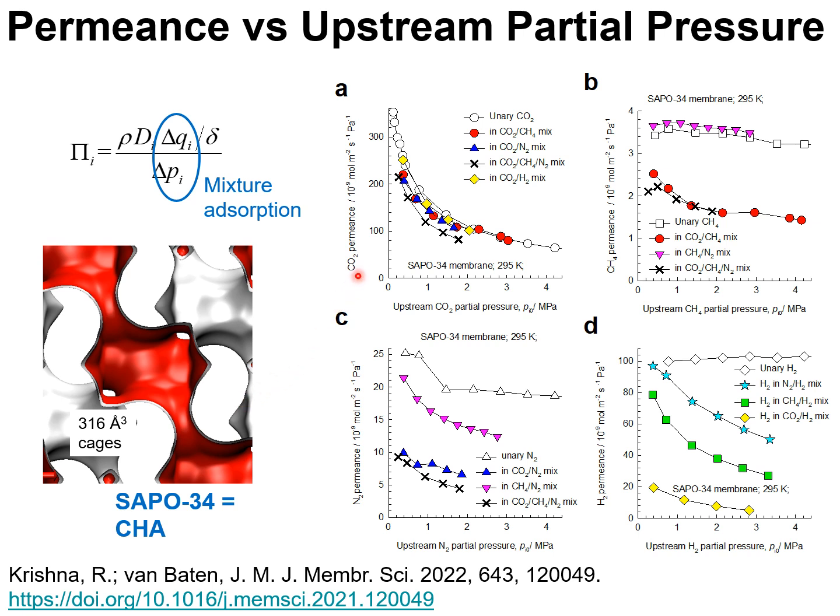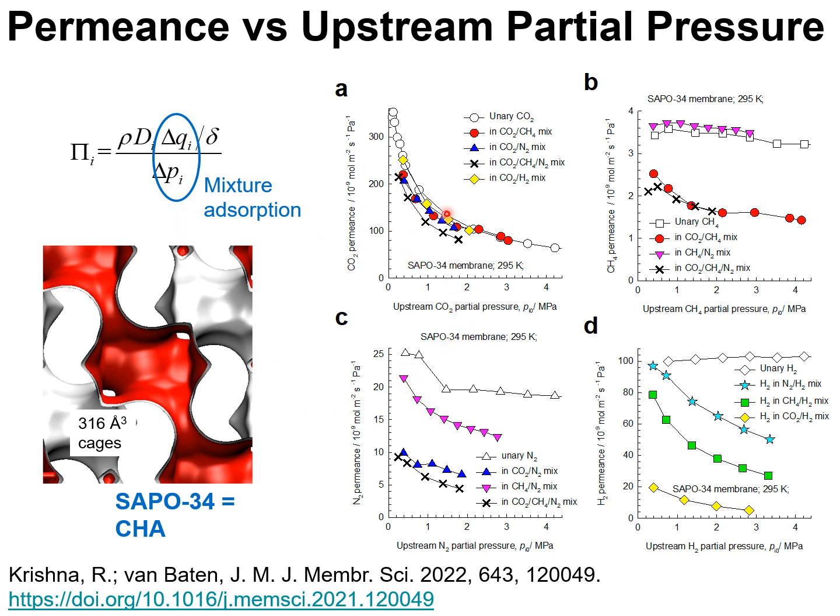The component permeances in mixtures can be estimated by using the unary diffusivities that can be backed out from unary permeation data, along with mixture adsorption equilibrium estimates using the IAST.